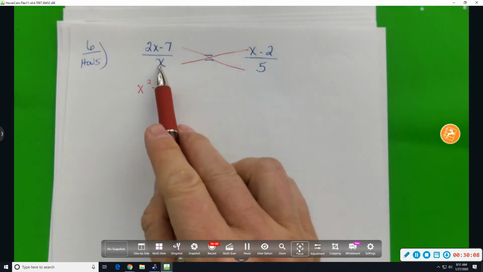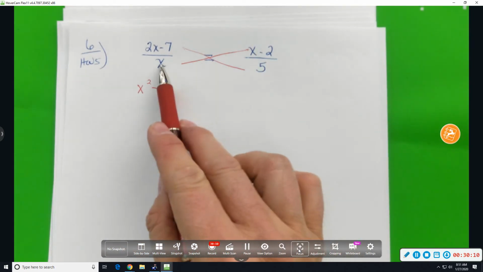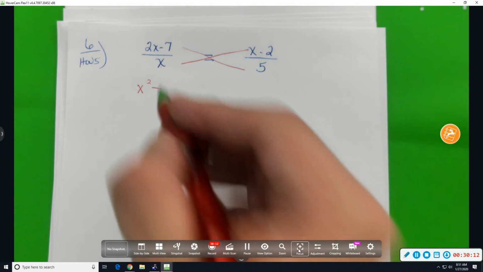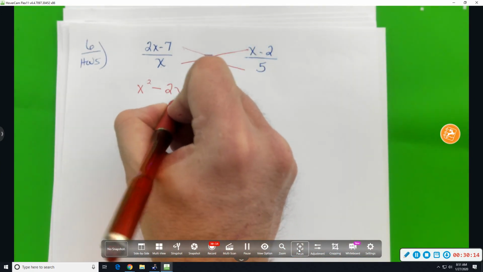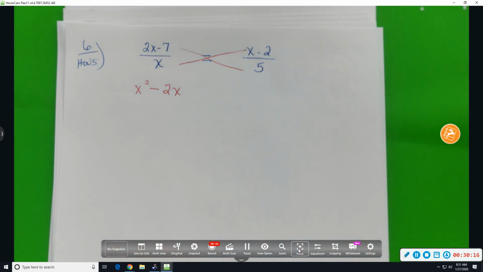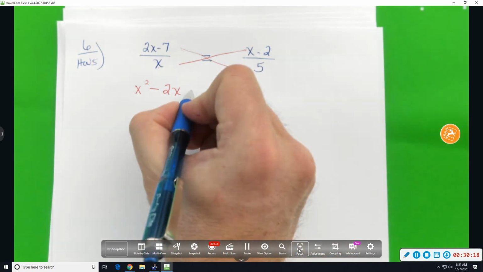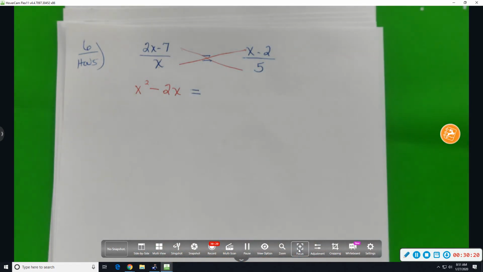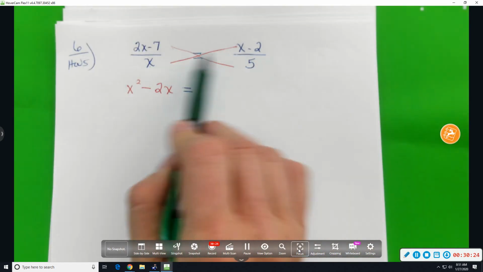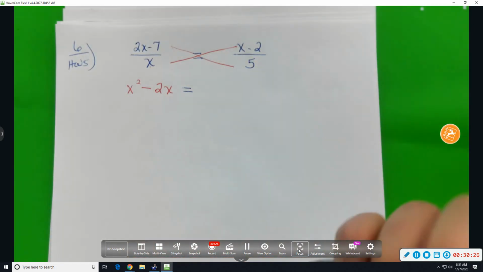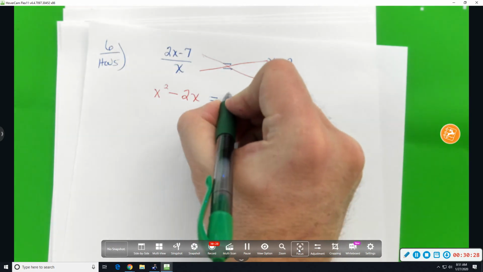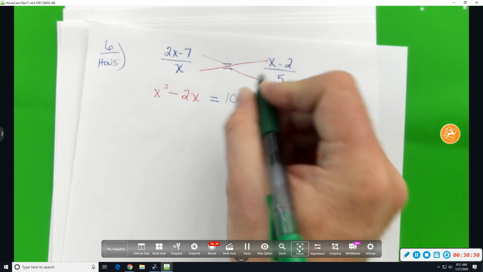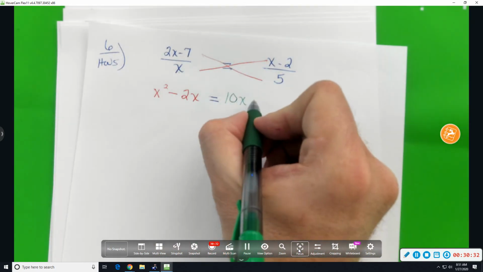Then minus x times that minus 2 would be a minus 2x equals 2x times 5, that's a 10x. And then, is that a minus 35?